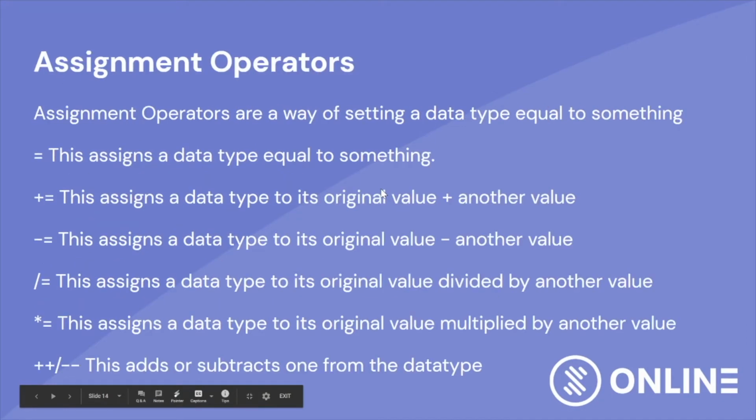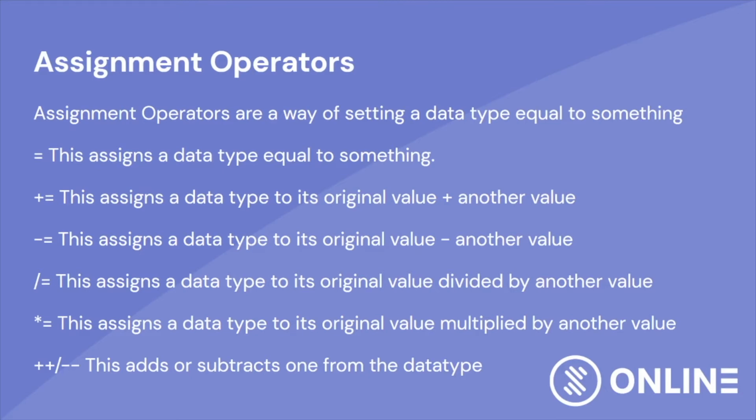Okay. Let's go on to assignment operators. Assignment operators are a way of setting a data type equal to something. We can use an equal sign, which assigns a data type equal to something.